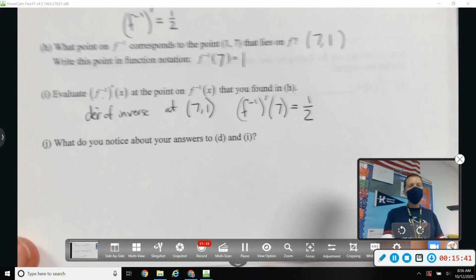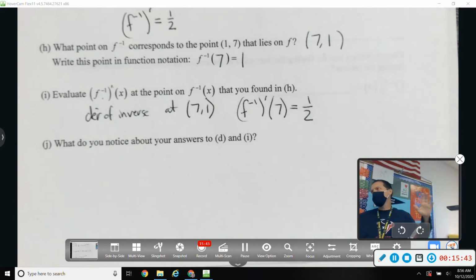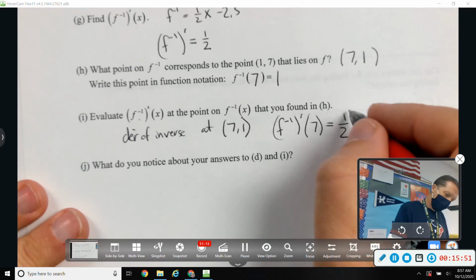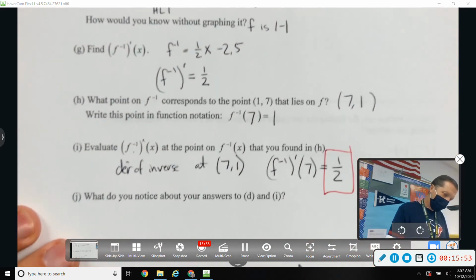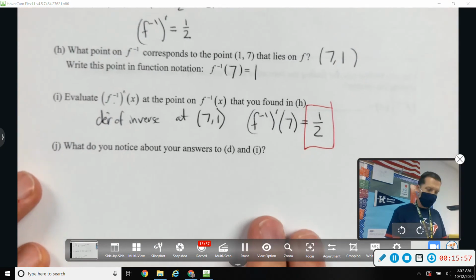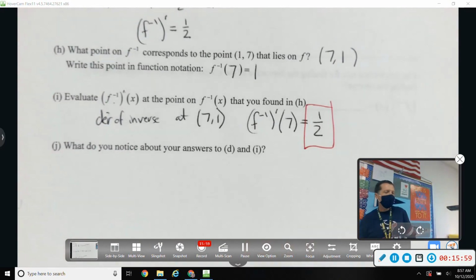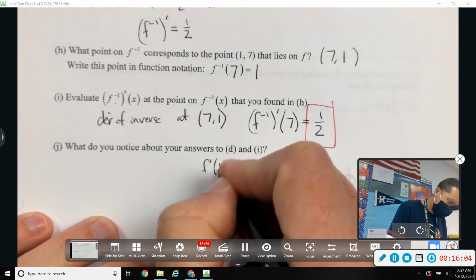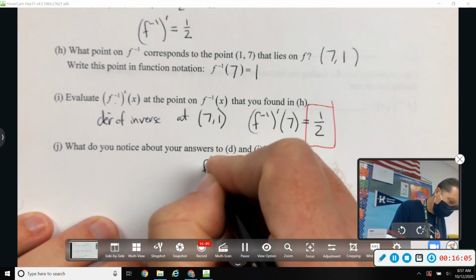Okay, part J is this eureka moment that you're about to have, that it's all going to click and you're going to say, oh, this is so easy now. What do you notice about your answers to D and I? D was f prime of 1 equals 2.